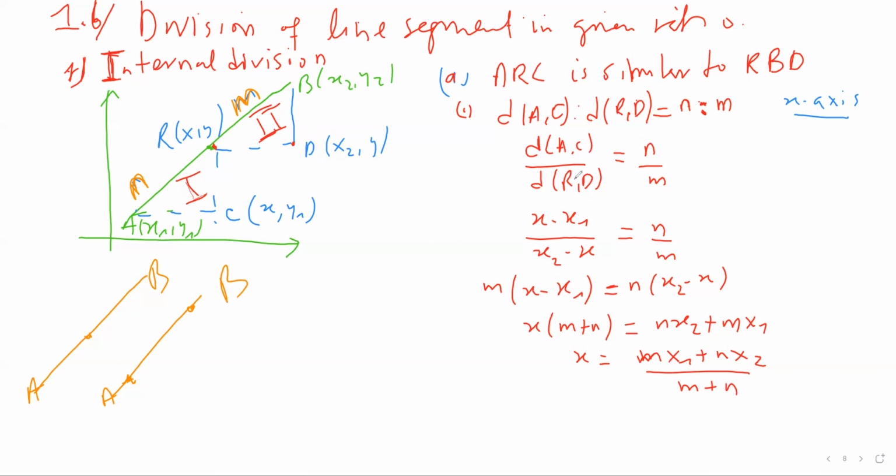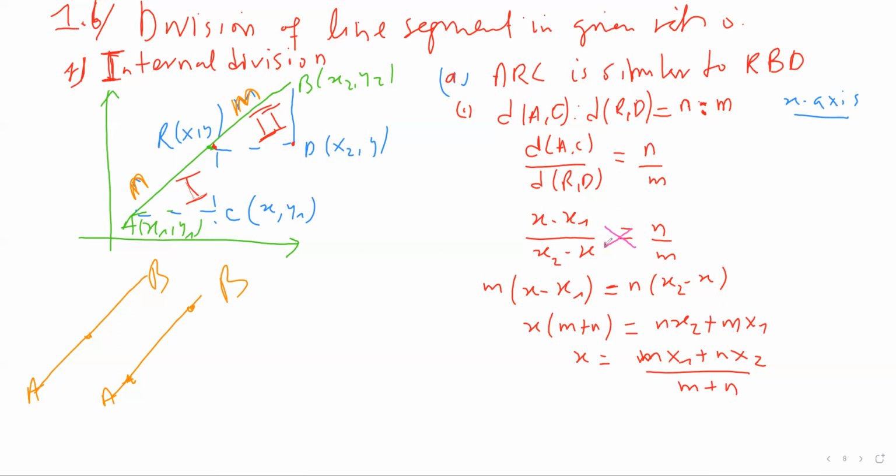And if we do that, then we see that the distance AC is nothing but x minus x1, and the distance RD is also nothing but x2 minus x, and this is equal to n over m. Then you do a change in subject.